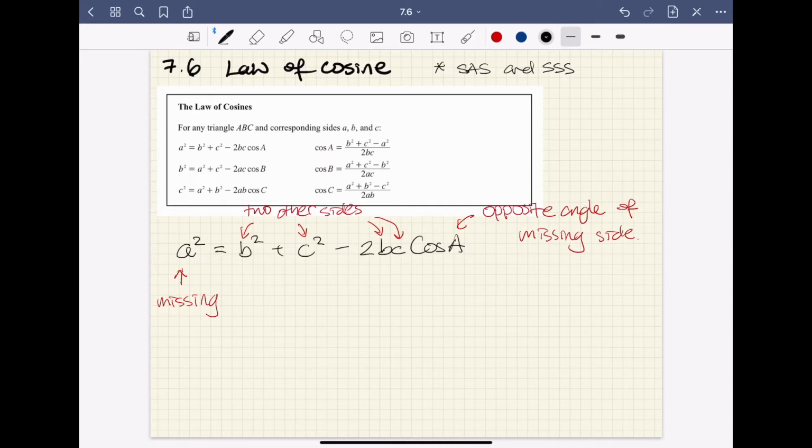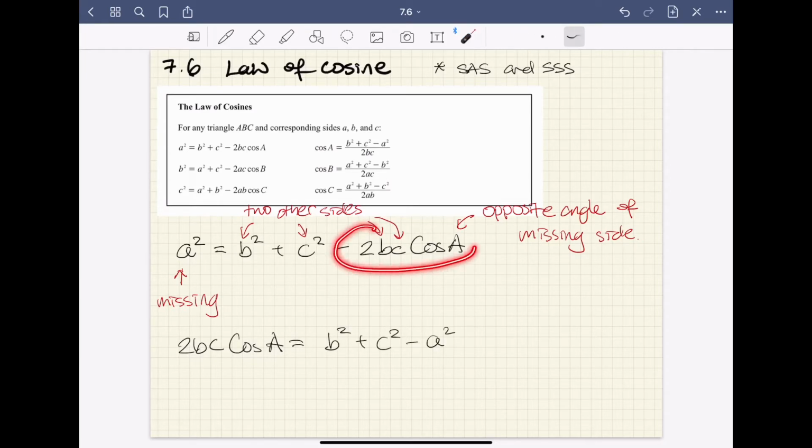If you are good at memorizing, then you can skip this part, just memorize the formula. So to isolate cos A, we'll need to move the b squared and c squared away first. Let's do 2bc cos A equal to b squared plus c squared minus a squared.